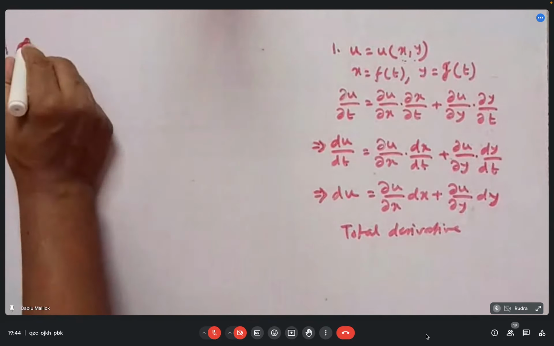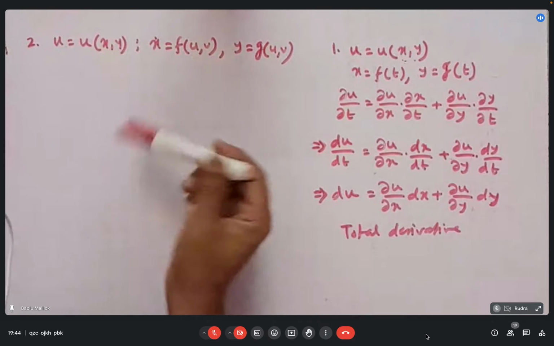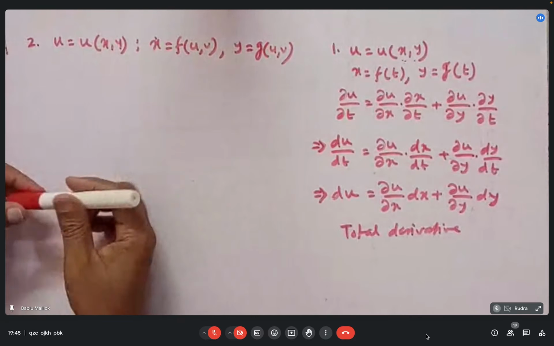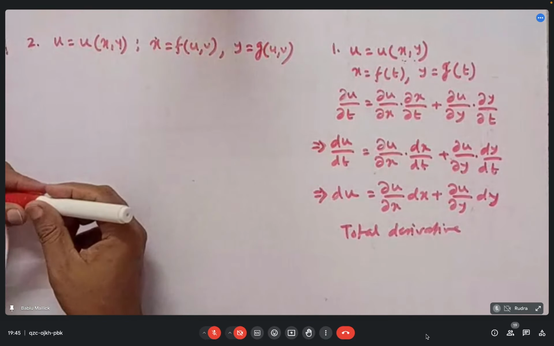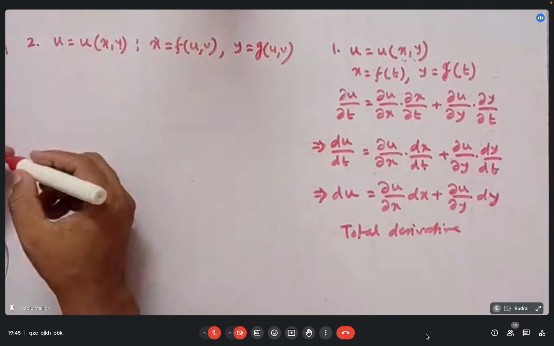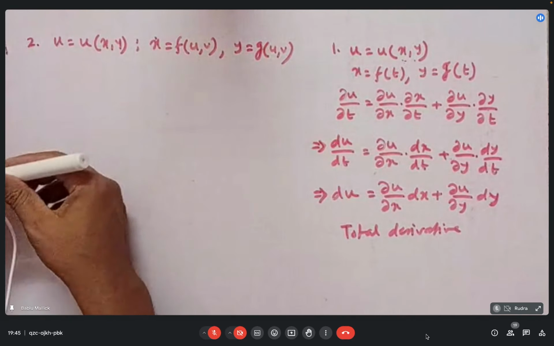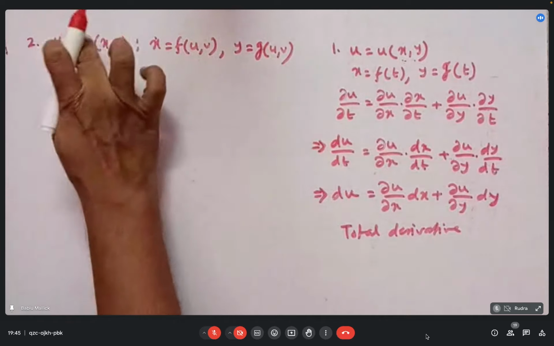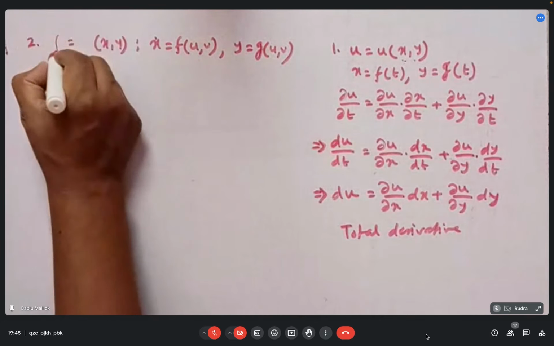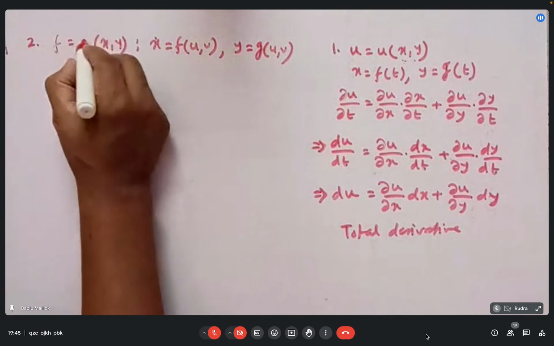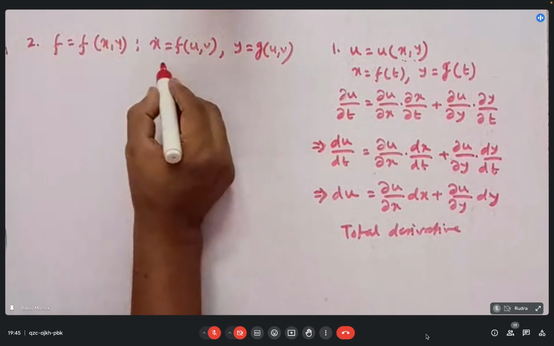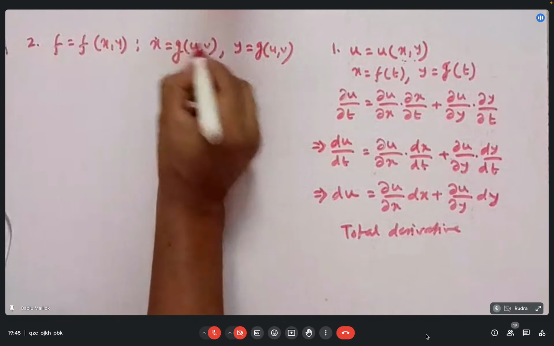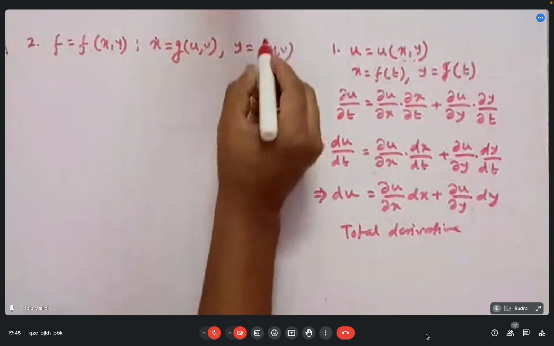So when you put the value of x and y here, sorry, here already u is there, so do not use this u. So take some other function. Suppose this f is a function of x y, and this x is a function of g of u v, and y is h of u v.